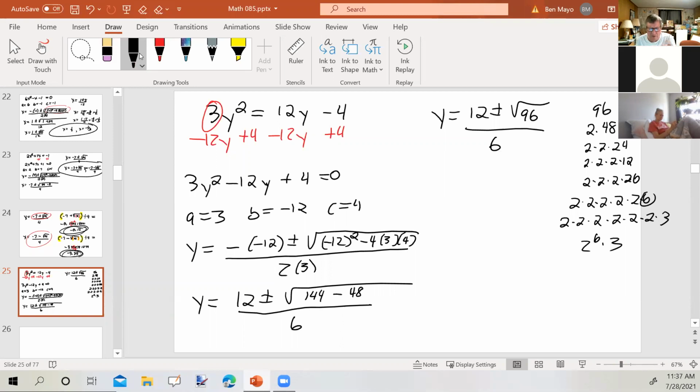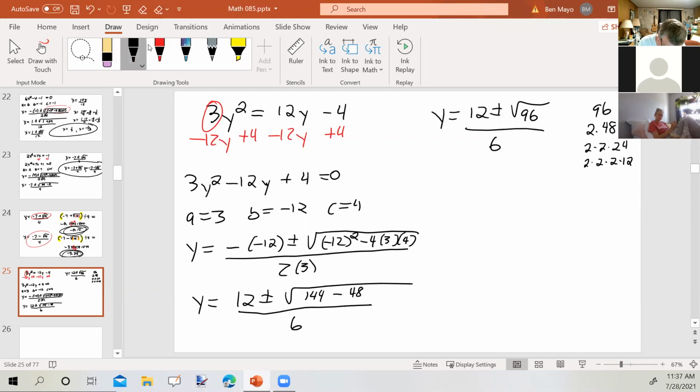Is that right? 2 times 2 is 4, times 2 is 8, times 2 is 16, times 2 is 32, times 2 is... No, I don't think that's right. I see my mistake. Let's go back and do this better. I get worried when I feel like I have to hurry and I'm running out of room over on the edge there.